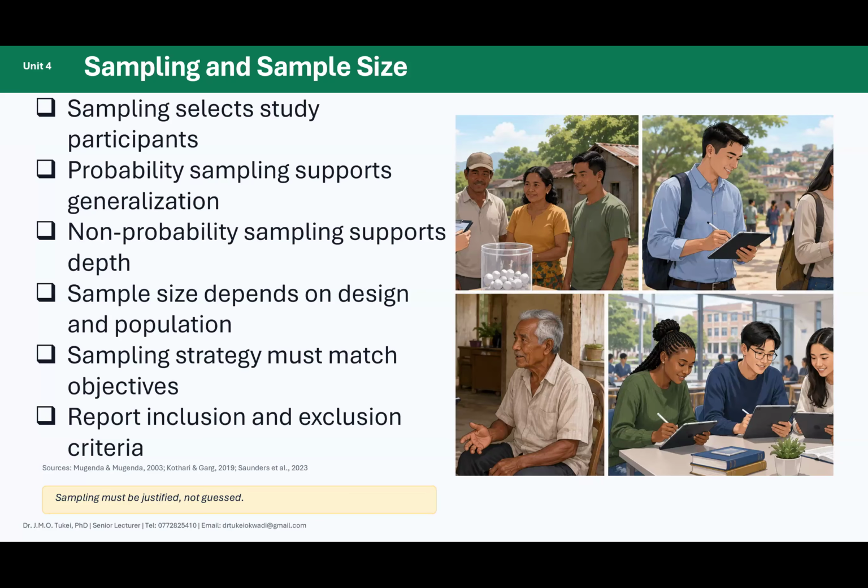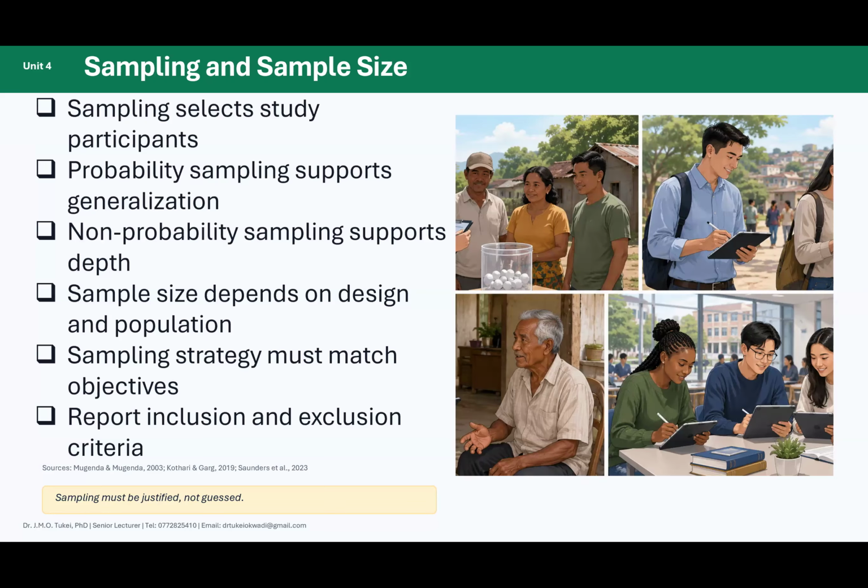Probability sampling gives eligible members a known chance of selection, and it includes simple random, systematic, stratified, and cluster sampling. It's very important. Non-probability approaches include purposive, convenience, quota, or snowball sampling.